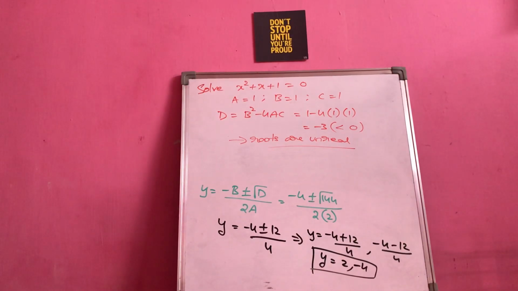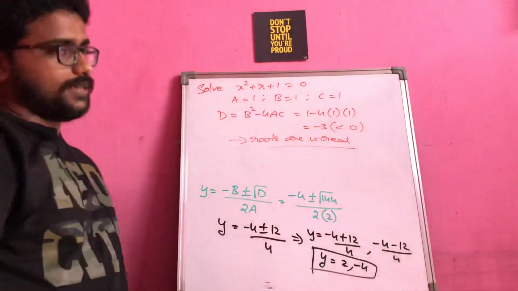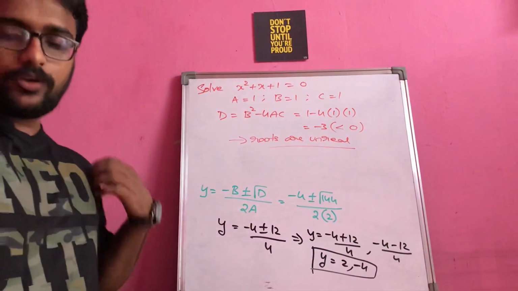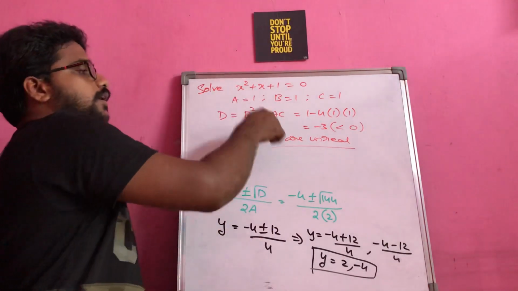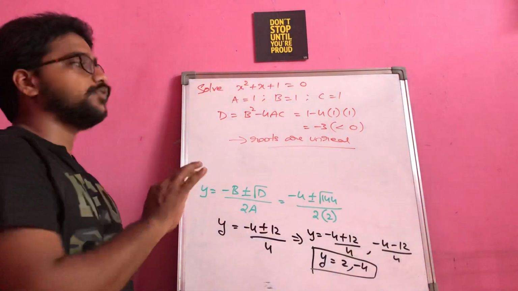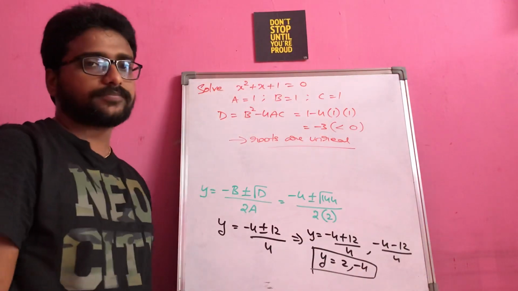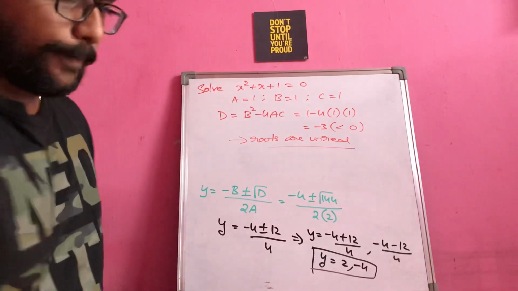You are getting the value of discriminant as minus 3, which is less than 0, indicating that the roots are unreal. So unreal roots means you cannot factorize this given quadratic equation. That is what it indicates. So you can just straight away conclude here itself, the roots of this given quadratic equation are unreal, hence we cannot further factorize. Right? That's it.